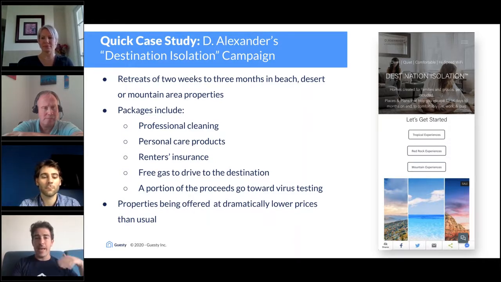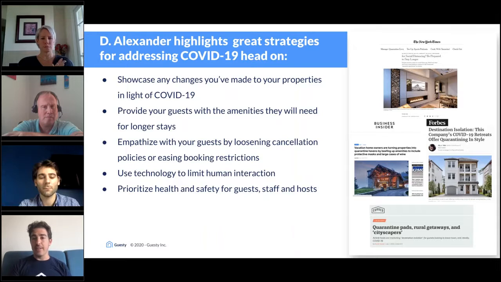That was back in April and May. Now the prices are going up, but that's a great example, again, of a company that really saw that the world is changing and tried to understand, after serving a lot of their guests, what they need to do to capture the market and make sure that their occupancy is still very high. And you can, again, read that on our website, and you can see that in our special coronavirus info center.